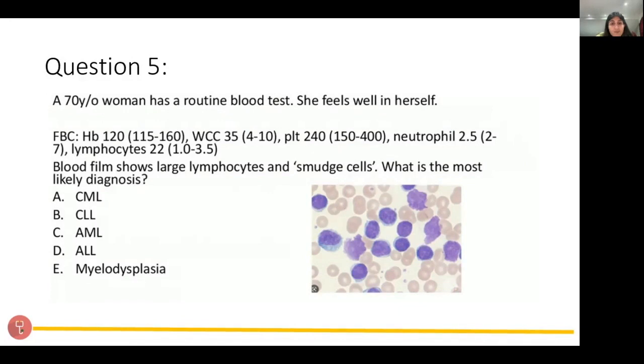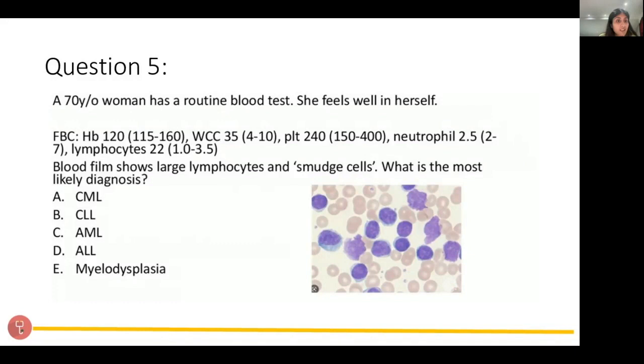Okay, I'm not going to spend any longer on this because most of you have put the correct answer, which is B. So the correct answer is CLL. And this is literally just something to remember. Just looking at the full blood count, she's got a very raised lymphocyte count. Hemoglobin's normal. White cell count's raised, obviously, because it takes into account your lymphocytes.